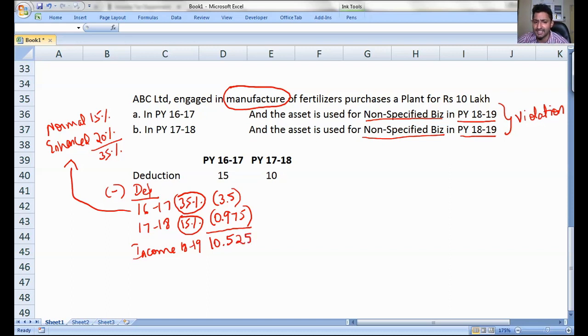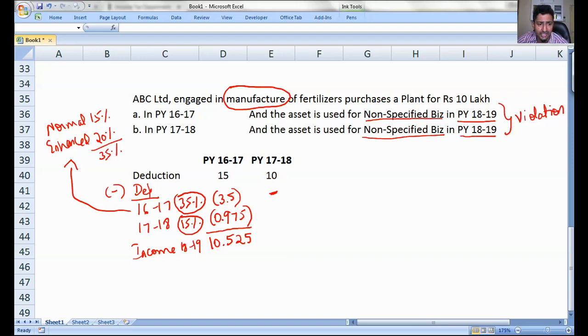Now in the second scenario, the asset was added in PY 17-18. So if it was added in PY 17-18, how much would be the income that you should offer? You start with 10, because remember the deduction is only 100%. Now you could have claimed depreciation only for 17-18 because it is illogical to consider depreciation for 16-17 in this case. Now how much would be the depreciation?